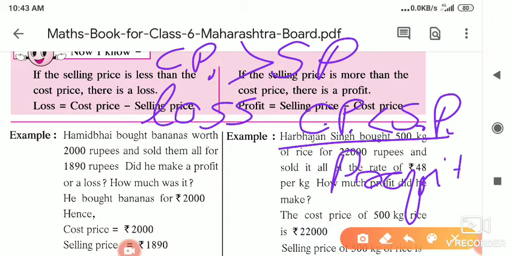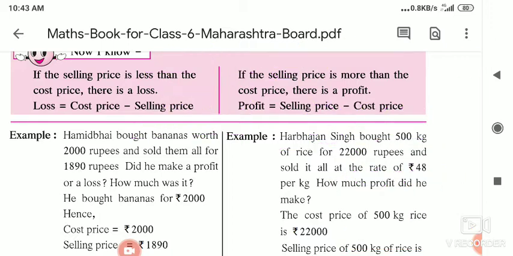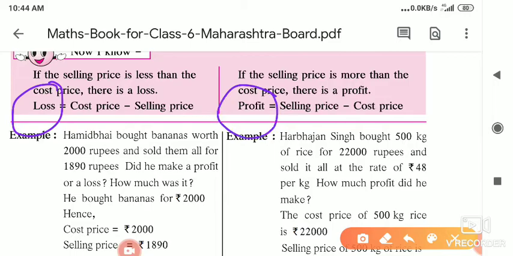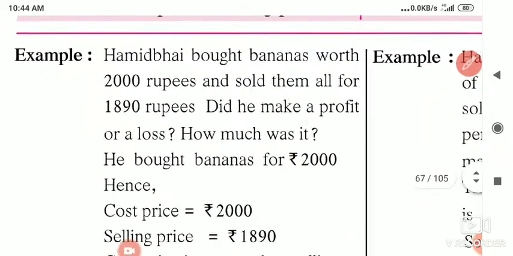So we have to solve in this way. If CP is greater than SP, there is a loss, and if CP is smaller than SP, there is a profit. Again I will remind you, if CP is greater, there is a loss. If SP is greater, there is a profit. Now we will see the examples.